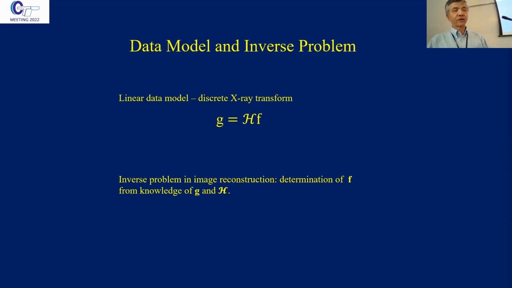In the offset detector case, part of H is missing and the data is missing as well. In the limited angle range case, H is severely changed compared to the full-blown case. That's the problem we're going to deal with.